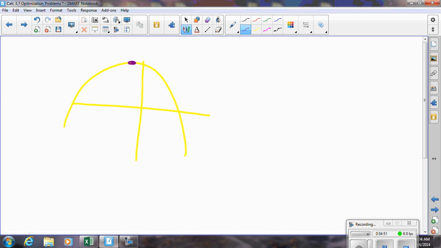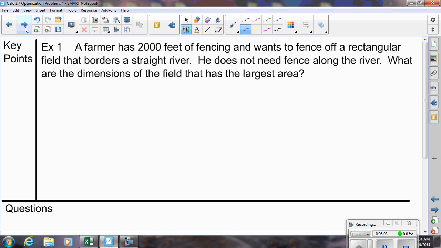Well, with parabolas, there's a formula that gives you the answer. We will not have a straightforward formula that says just use this one thing, but we will have a process using Calc to find the maximum and minimum. Maximum or minimum. So let's start here.